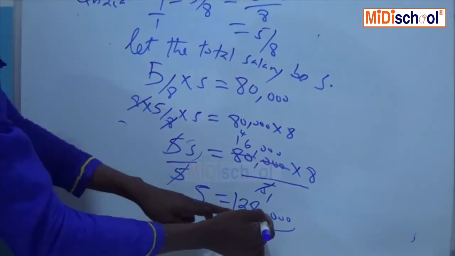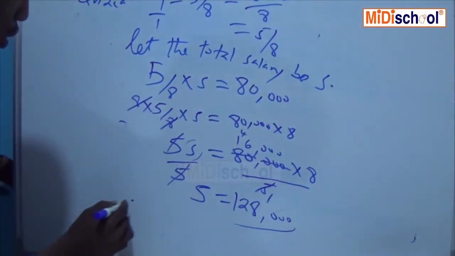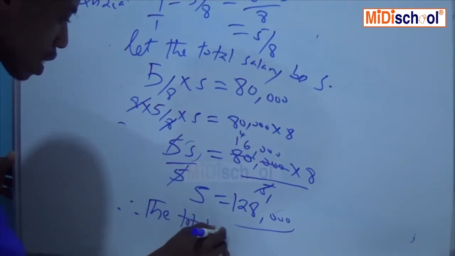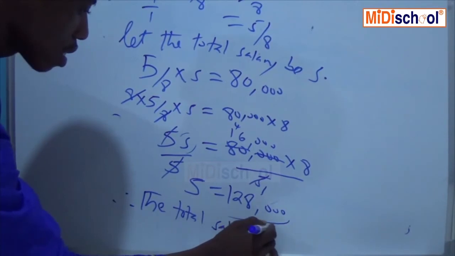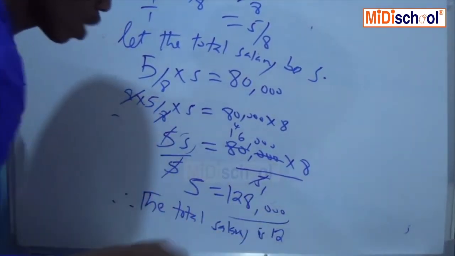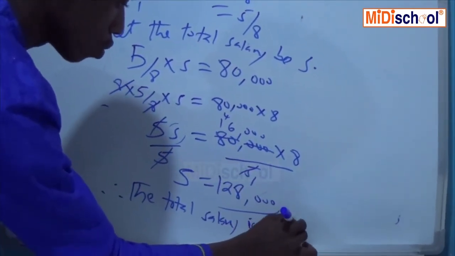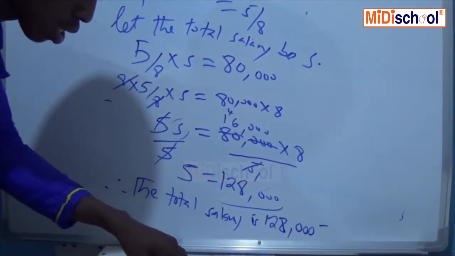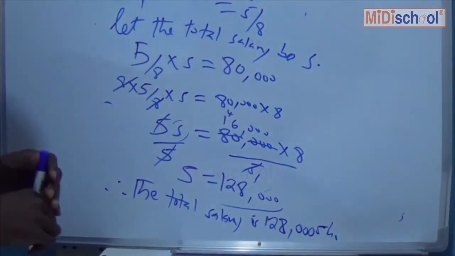So this is the total salary because we said let the total salary be S, and so we conclude therefore the total salary is 128,000 shillings. Was it in T shillings? Yeah, it was just shillings. Shillings, that much. That's all.